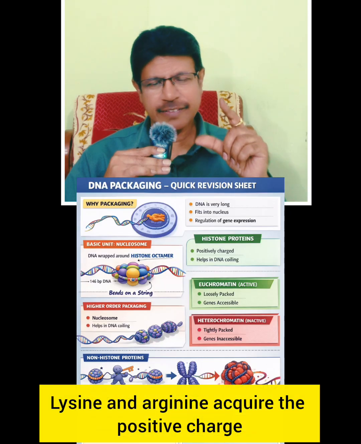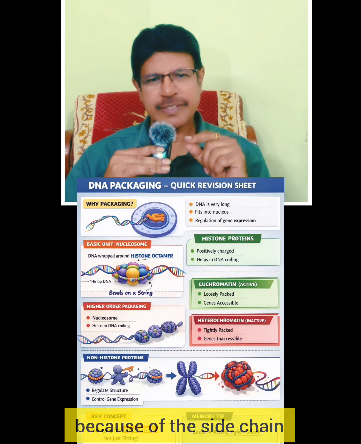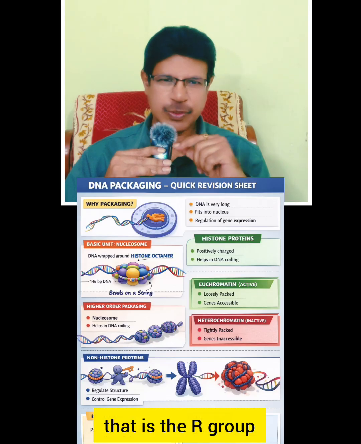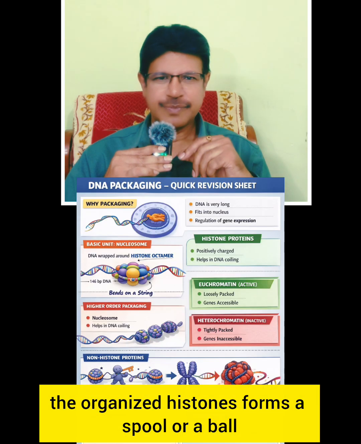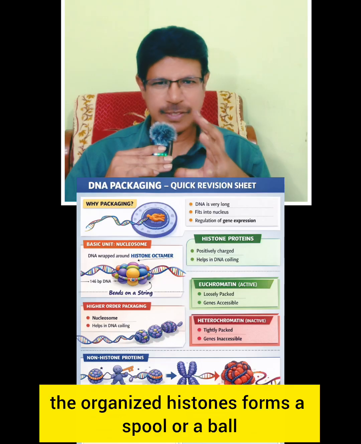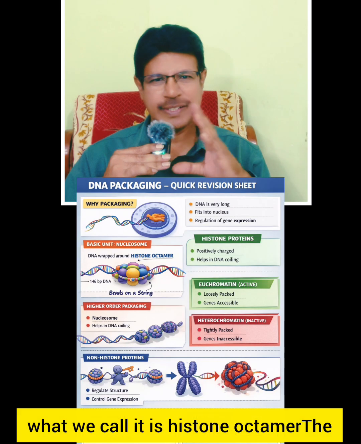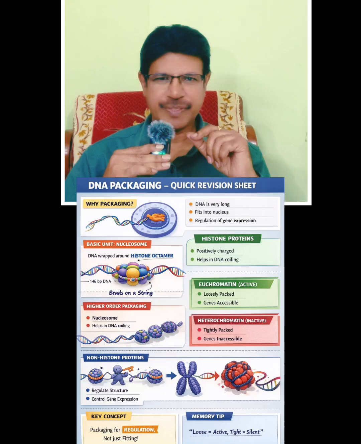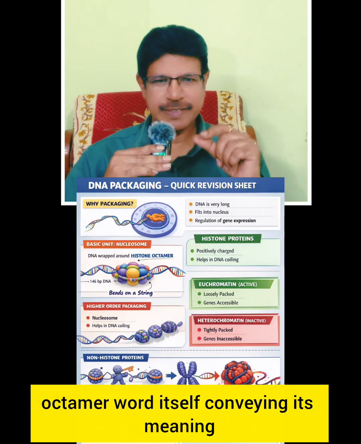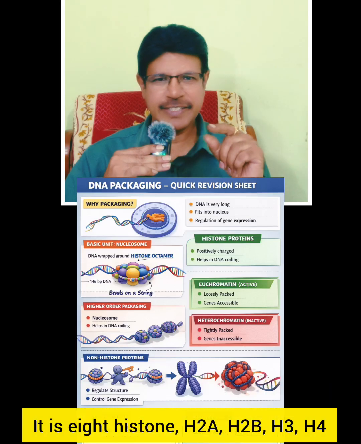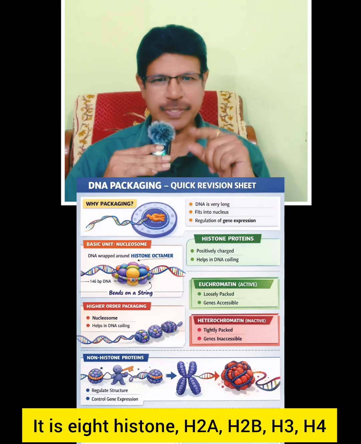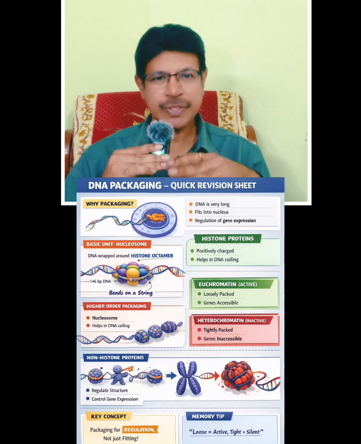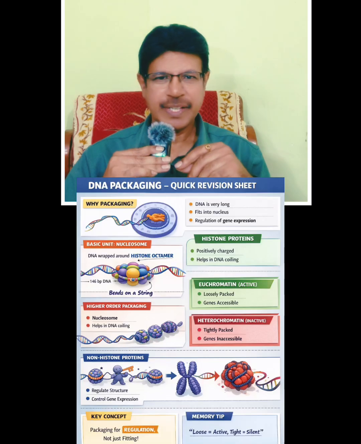Lysine and arginine acquire the positive charge because of the side chain, that is the R group. Next, the organized histones form a spool or a ball. What do you call it? Histone octamer. The word octamer itself conveys its meaning. It is 8 histones, H2A, H2B, H3, H4, each having 2 copies. So it is histone octamer.